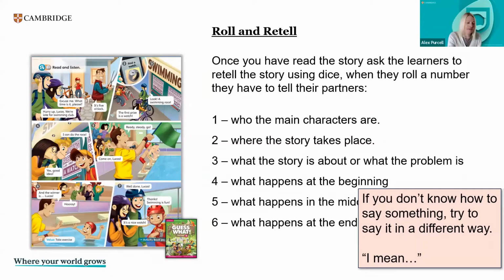To say something in a different way, we might say, I mean. So who are the characters? They're da. I mean, they are the main characters. Giving them chances to take the language further. Again, this is level 3, but you get the idea, providing some functional language there.